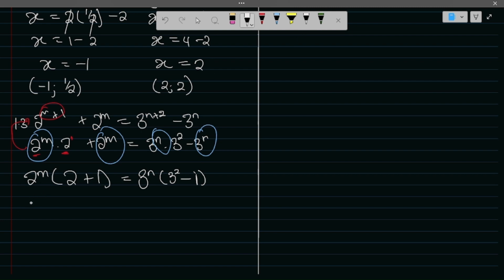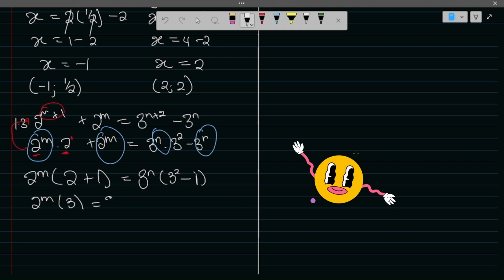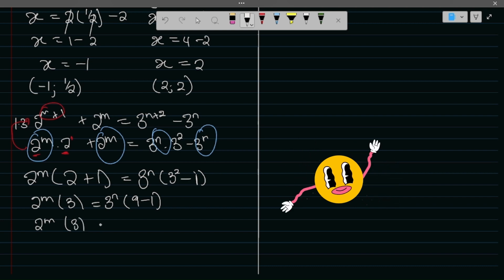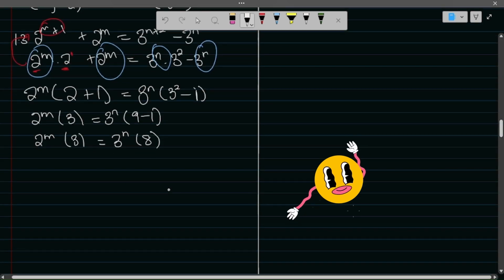Now you have to simplify. It's going to be 2 to the power m, and 2 plus 1 is going to be 3, right? And then you're going to be left with 3 to the power n, and 3 squared is 9 minus 1, so you're left with 8.